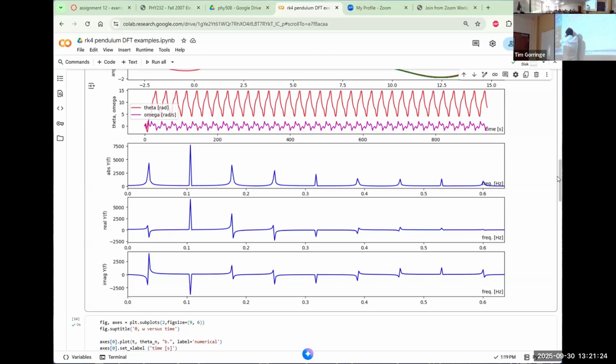We see a much lower frequency, 1/3 the driving frequency. So this is the period doubling plus another period doubling giving us a period that's 3 times the driving period. That's this piece here, at about 0.035 hertz. And you see harmonics of it too.